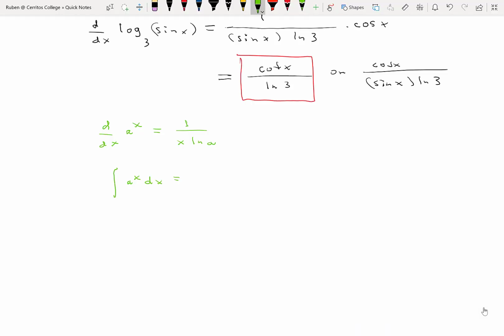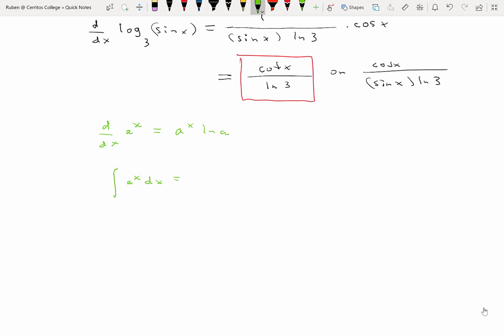I apologize, folks. Had a little bit of glitch, not with the computer so much, but with my formulas. So rather than edit this out of the video, I think I'll keep it real and just fix my formula. The derivative of a to the x is not 1 over x ln a. So it's a to the x ln a.